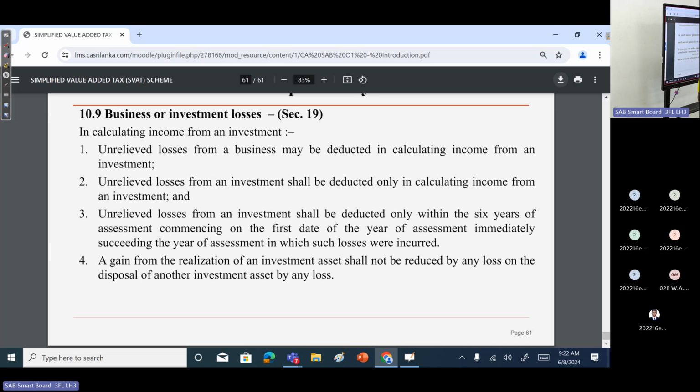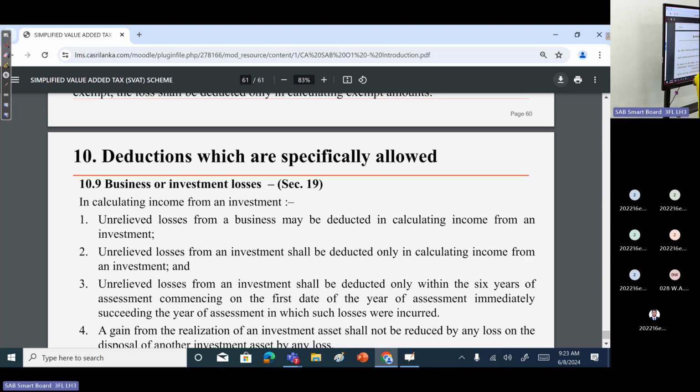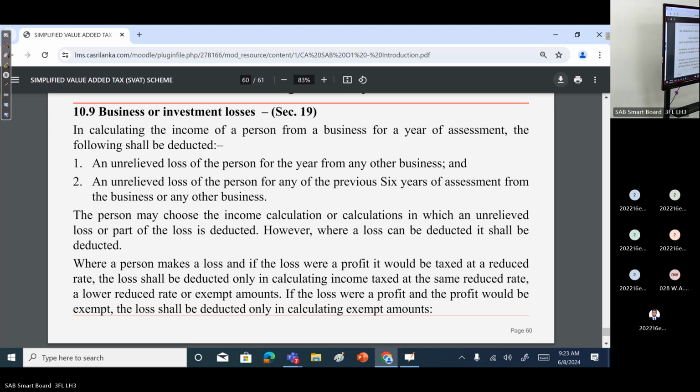It says loss from a business may be deducted in calculating income from an unrelated loss of a person for the year from any other business.